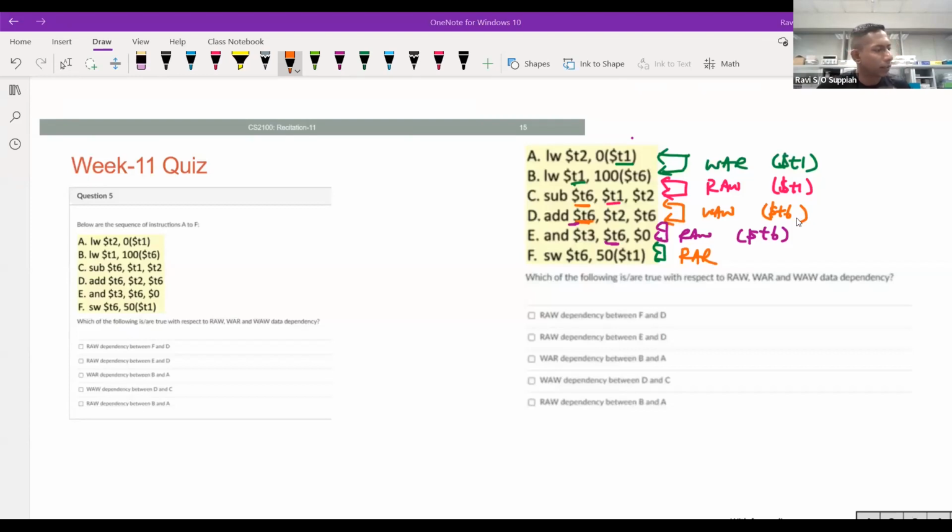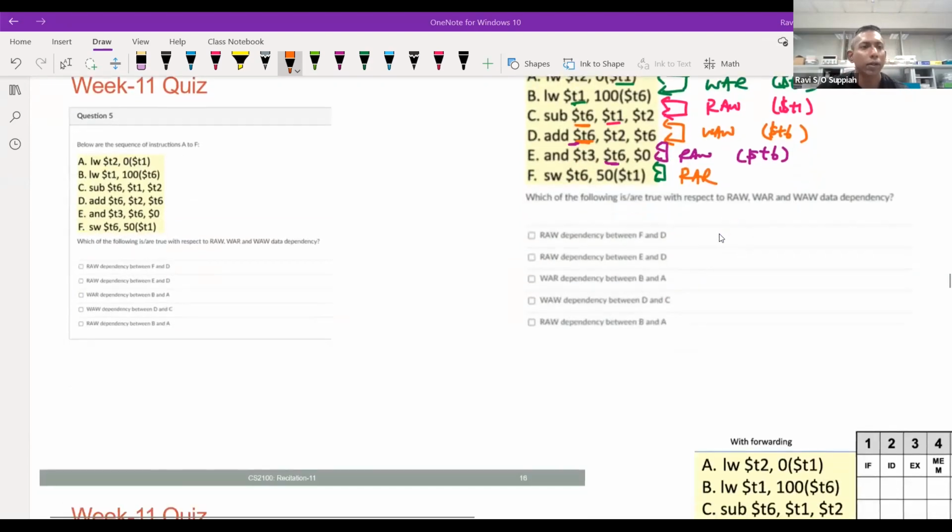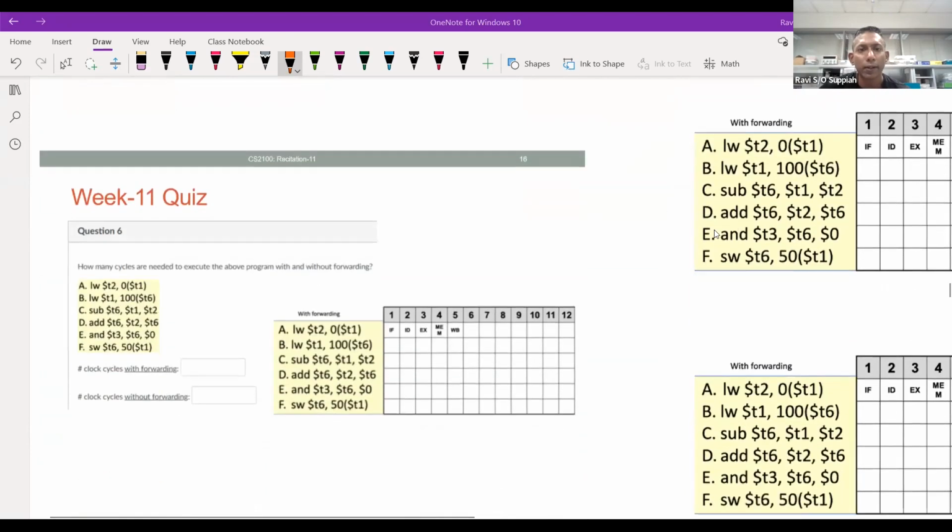So the dependencies are what you see here. So let's go on to question 6 on forwarding.